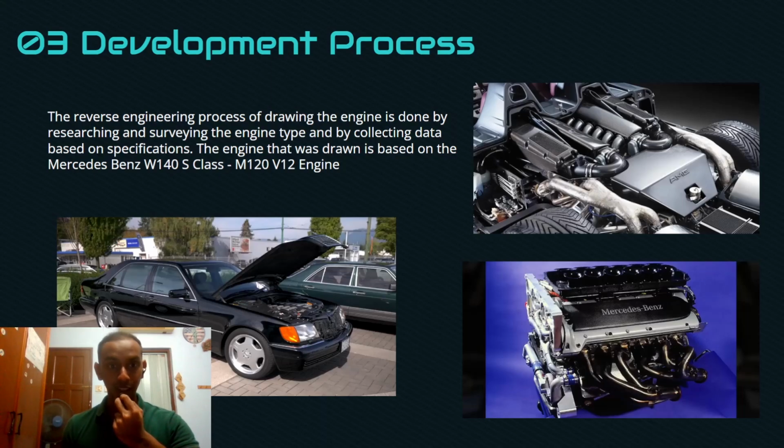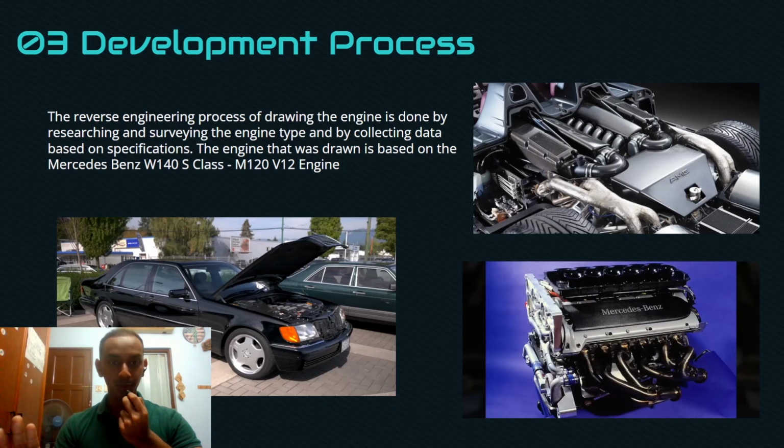Greetings. For our CATIA project, we have decided to do the M120 V12 engine, which is inspired by the Mercedes-Benz W140 S-Class. This engine is a V12 engine with a 6 liter capacity, a 6.0 liter V12 engine.